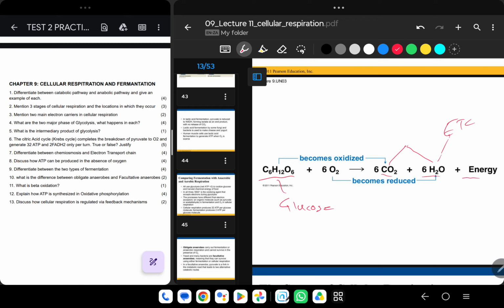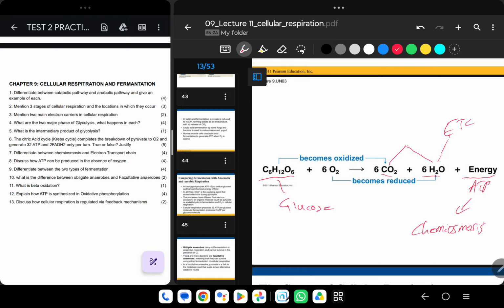We also have the formation of energy in the form of ATP, and this energy gets formed through what we call chemiosmosis. So your glucose gets oxidized to what? To carbon dioxide, and that oxygen of yours becomes reduced to what? To H2O. So that is the equation of cellular respiration.